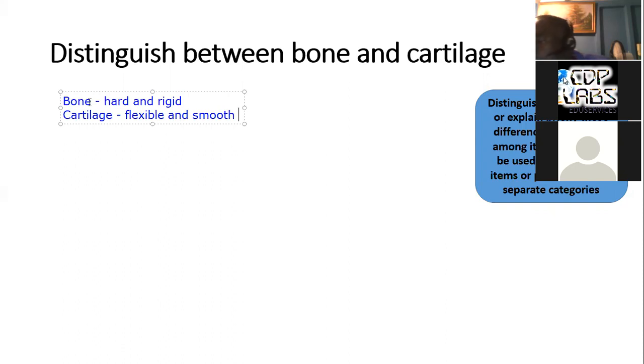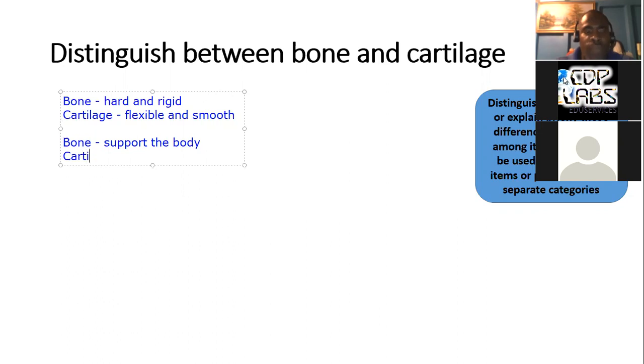Okay. Good. Then they ask to distinguish something. First thing you think about is the characteristics, or you can think about the function as well, because you could also use a function. The bone supports the body or provides support, and the cartilage? What's the function of the cartilage?